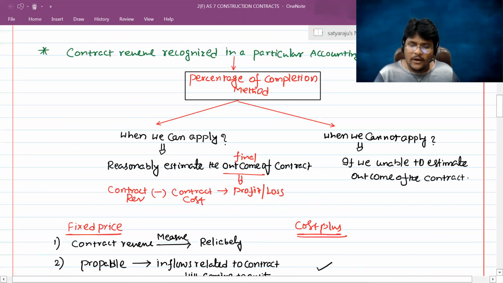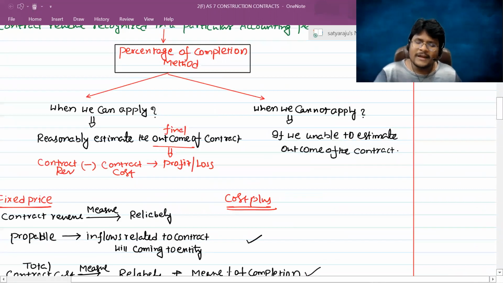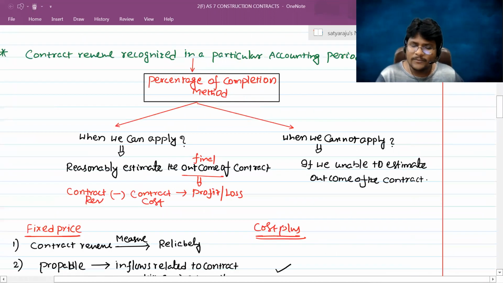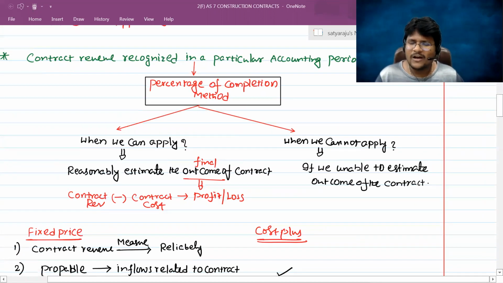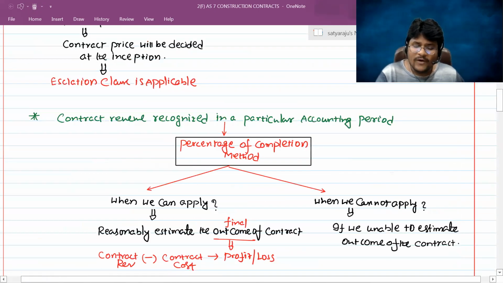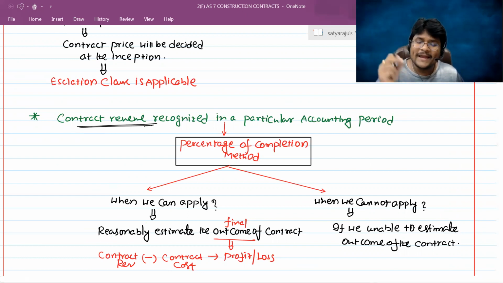Okay. Now coming to here, sir, why are we discussing all such things? When we apply the percentage of completion, it is for the purpose of recognition of the contract revenue in a particular accounting period. On the total contract revenue, if you apply the percentage of completion, then you can simply know the contract revenue to be recognized in an accounting period.